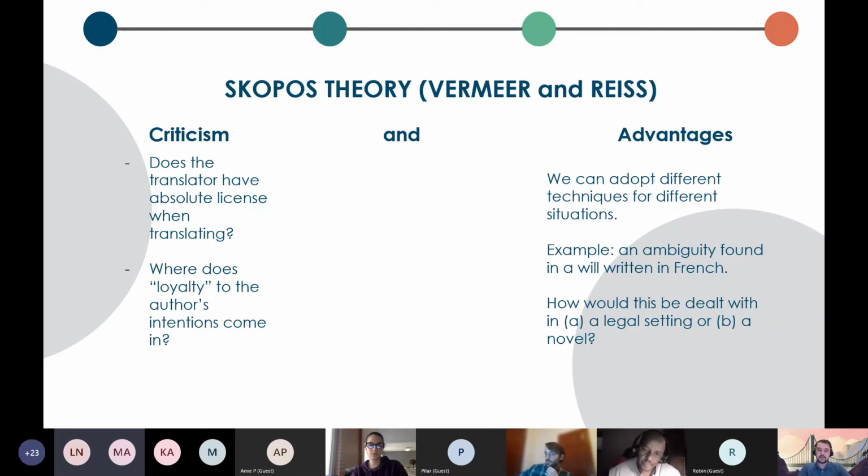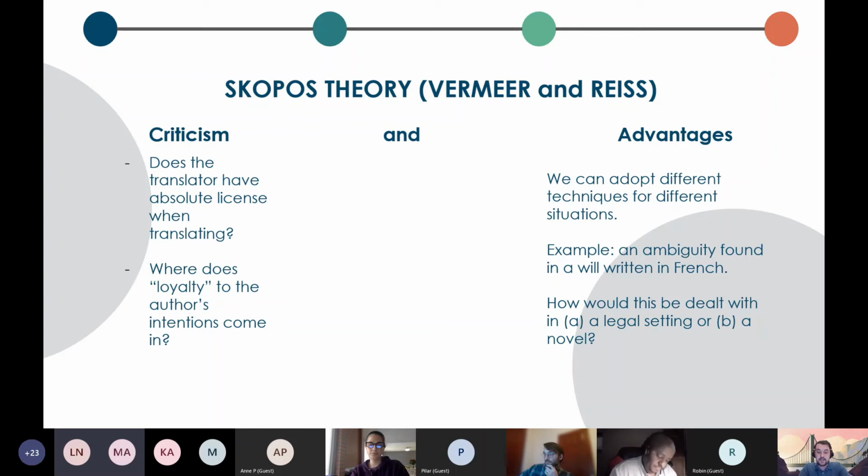Of course, and this is when Skopos theory would come into play, because in this case, we have a target audience that might not necessarily understand the target text, and therefore, according to Rule 4 of Skopos theory, the target text has to be adjusted so that the target audience can understand it somehow.